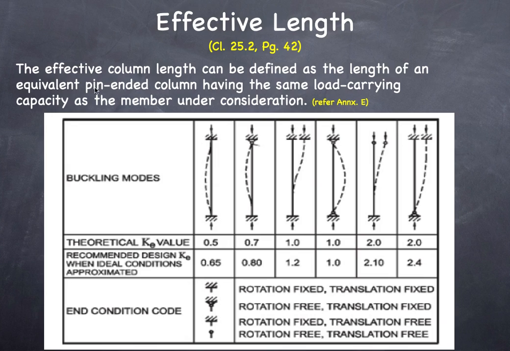Pin ended means a hinged end where the moment is zero. So it is the same thing, the length between points of contraflexure or zero moment. This is given in clause 25.2, page 42, and for this table we have to refer to Annexure E.